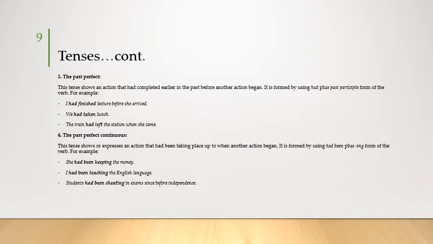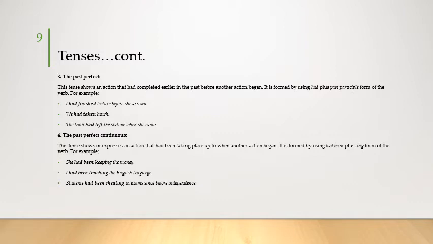It is formed by using had plus the past participle form of the verb, because had is the simple past of have and has. Have and has are present; had is their simple past. So past perfect requires the use of had plus the past participle form of the verb.